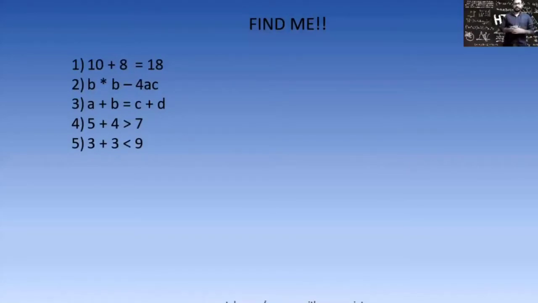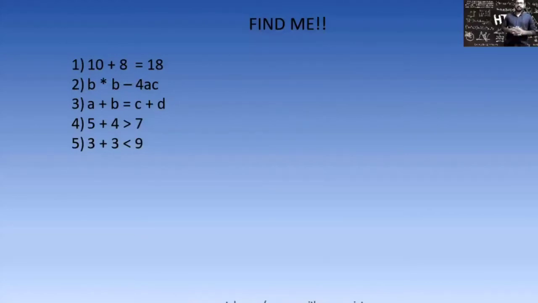Five mathematical statements are given, and you are asked to find which of them are equations. Our first statement is 10 plus 8 equal to 18. The second is b squared minus 4ac.